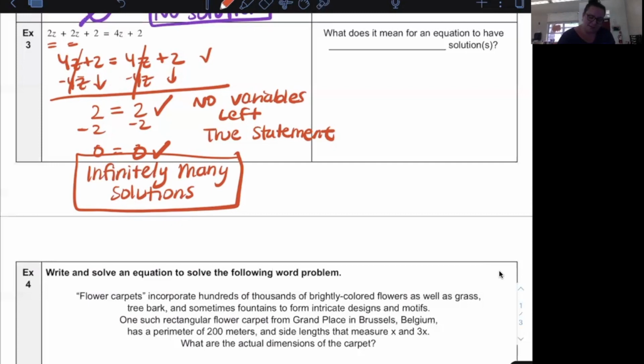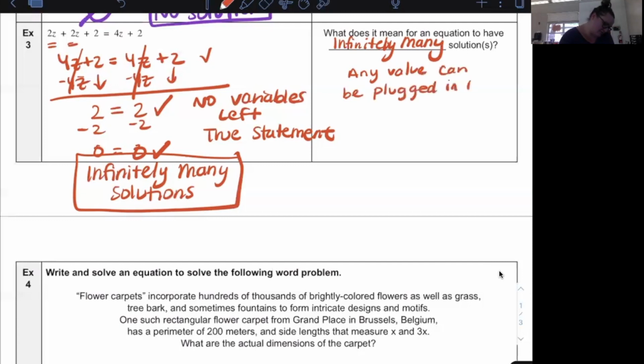So what does it mean for an equation to have infinitely many solutions? It means that any value can be plugged in to the variable and still make the equation true.